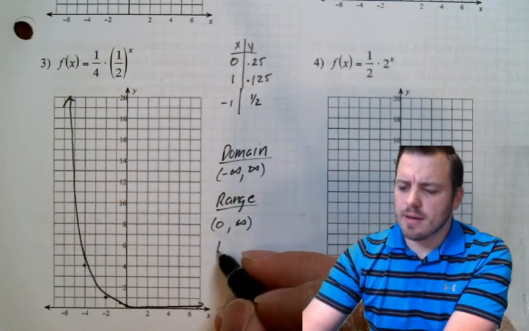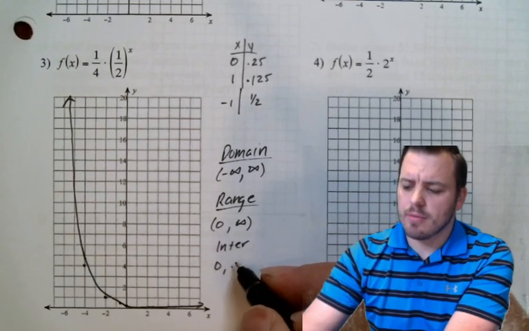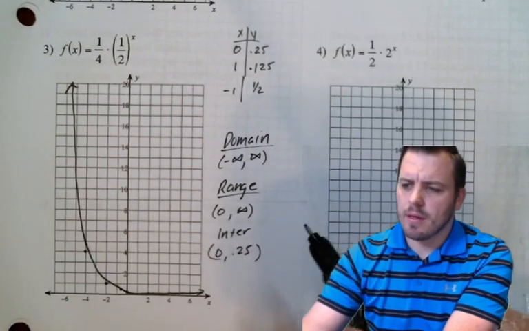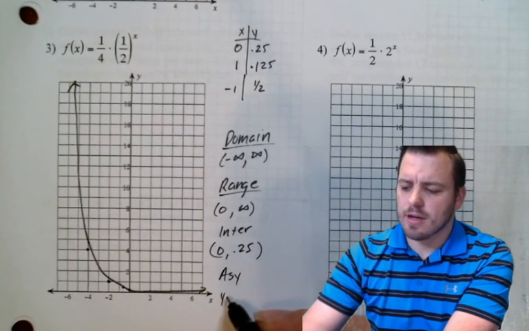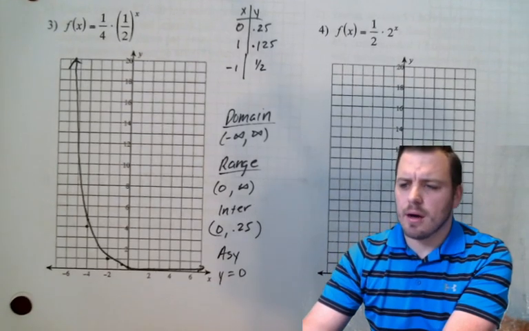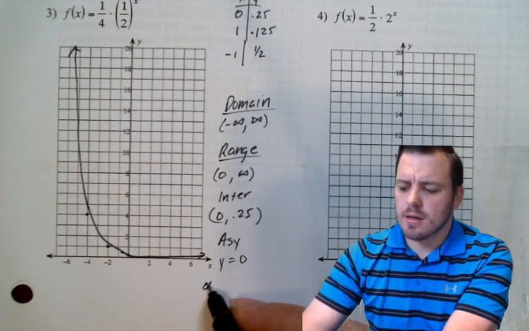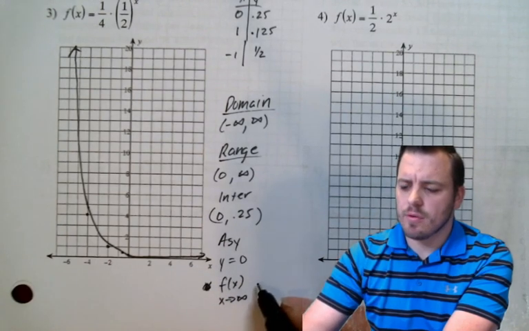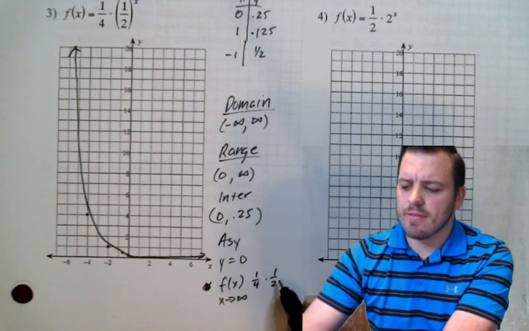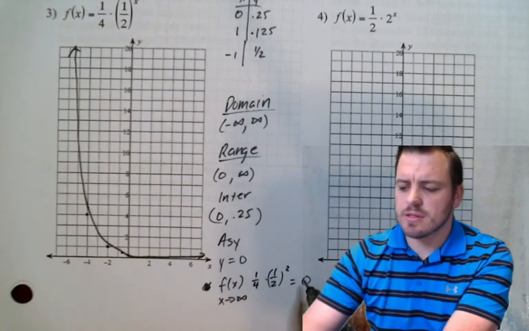Our intercept would be 0, 0.25. Our asymptote would be the x-axis, y equals 0. In end behavior, as x approaches infinity for 1/4 times 1/2 to the x, it is approaching 0.